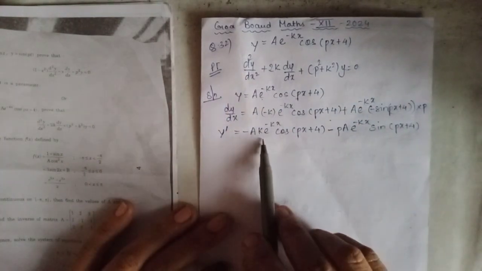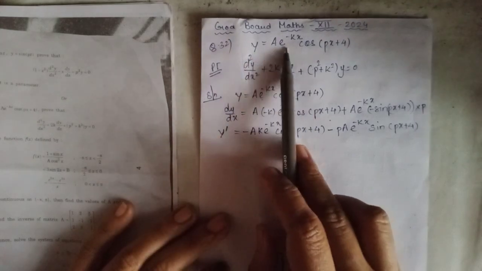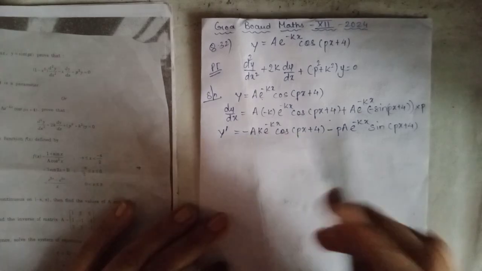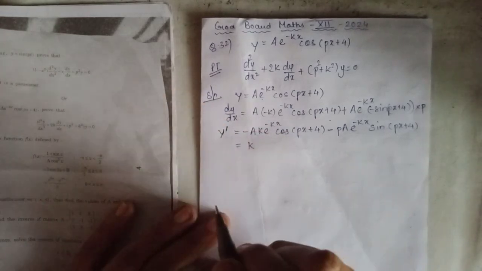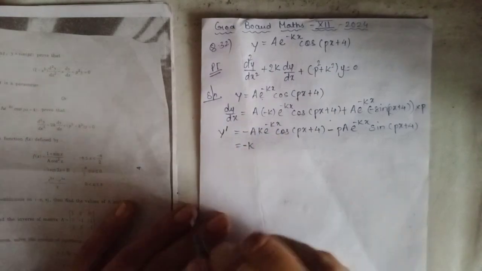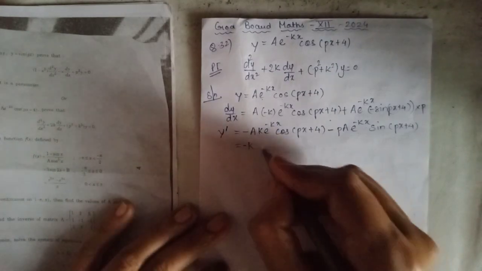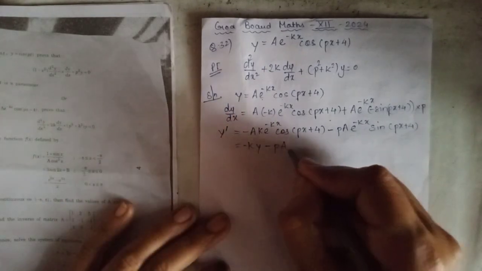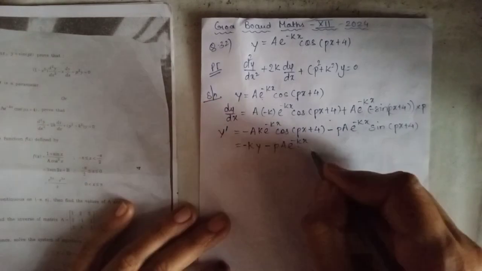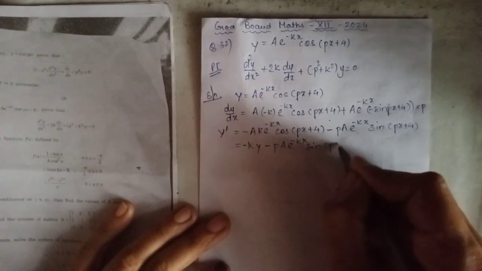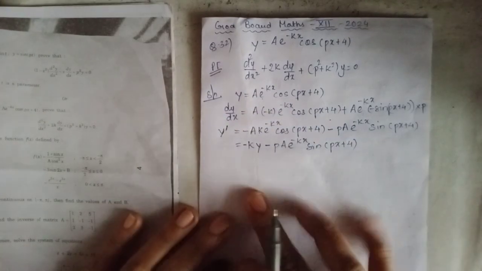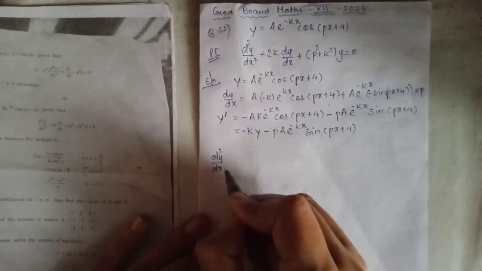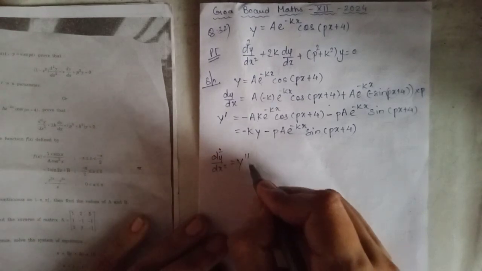Okay, now you can substitute here. Our y is a e raised to minus kx cos(px plus 4), so here you can substitute your y. Taking k outside, we get minus k y, minus p a e raised to minus kx sin(px plus 4). Okay, now we'll double derivative it, d square y by dx square, which is y double dash.